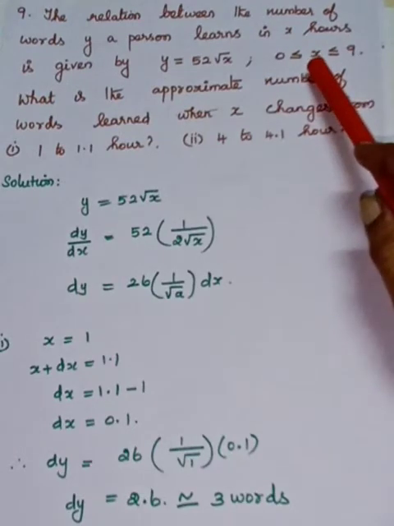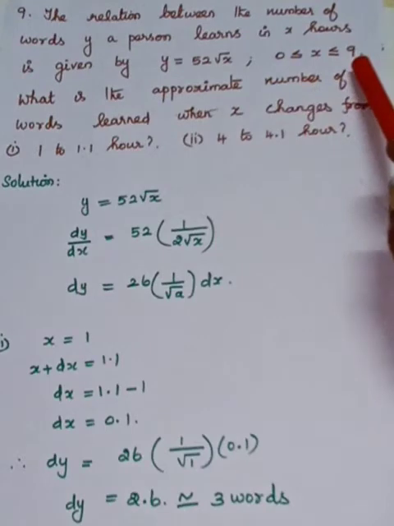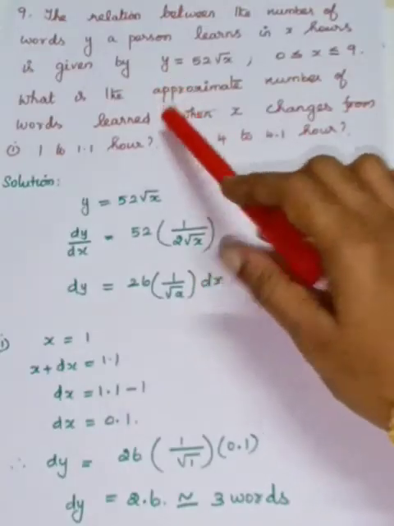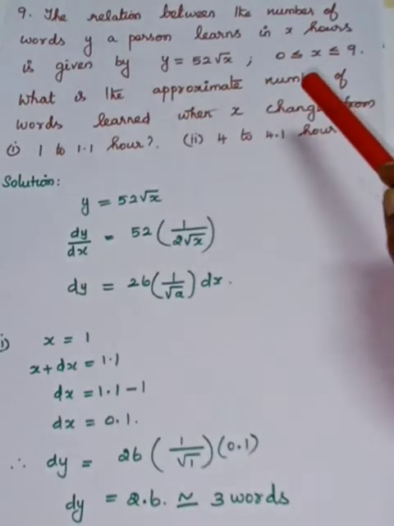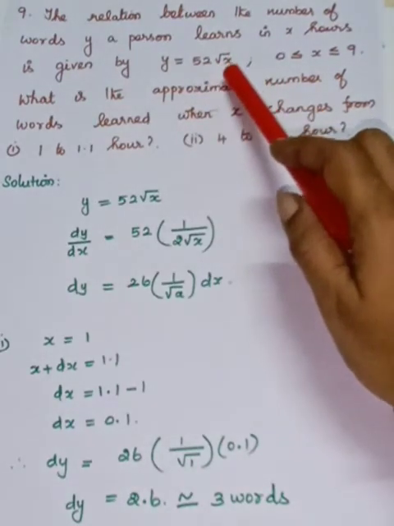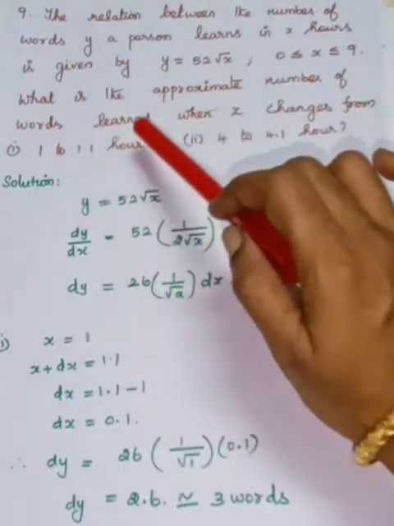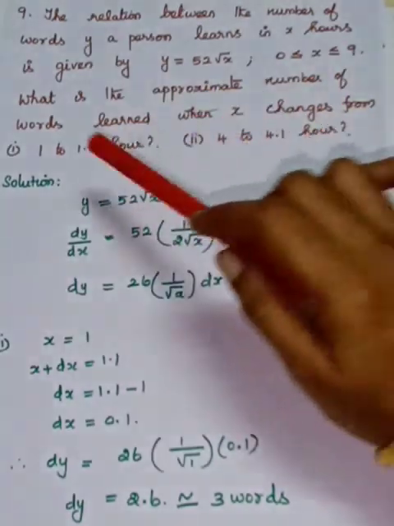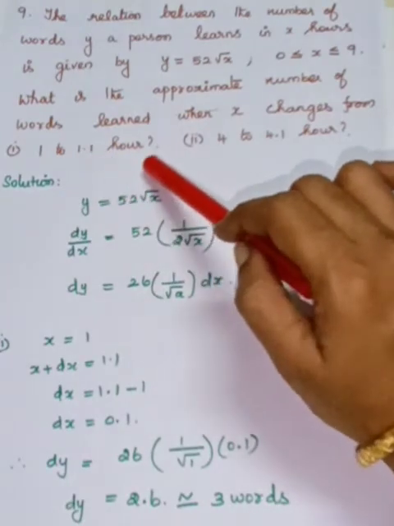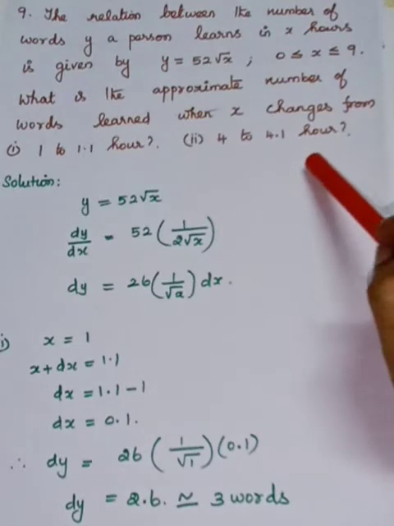That is, x is hours, so it varies from 0 to 9 hours. What is y? The number of words a person learns. It depends upon the hours. First one: what is the approximate number of words learned when x changes from 1 to 1.1 hour, and the second subdivision, 4 to 4.1 hour.